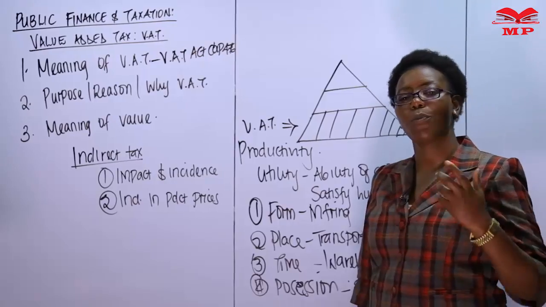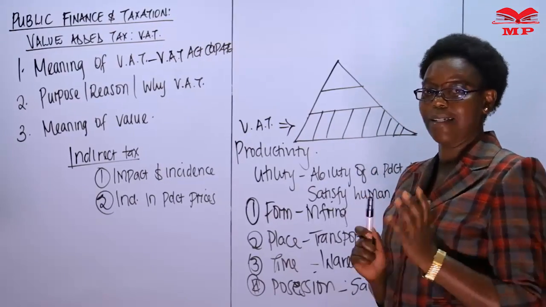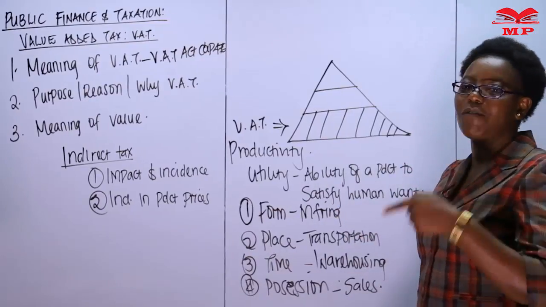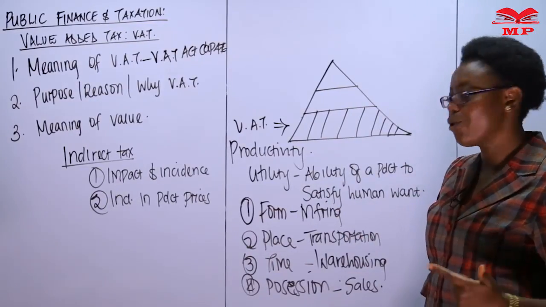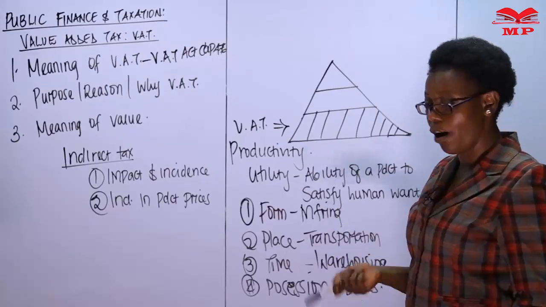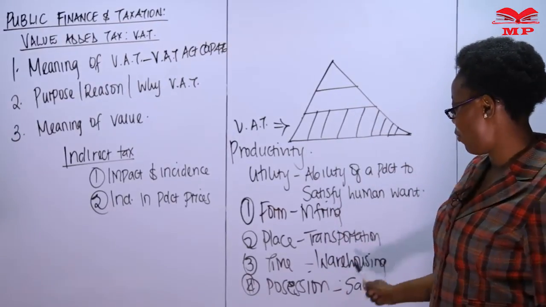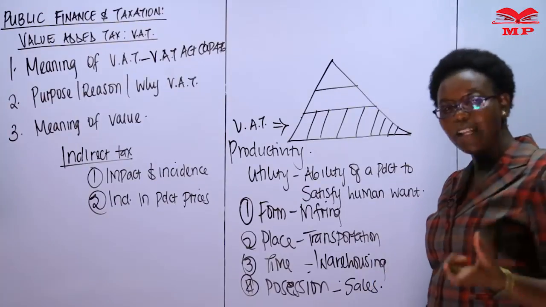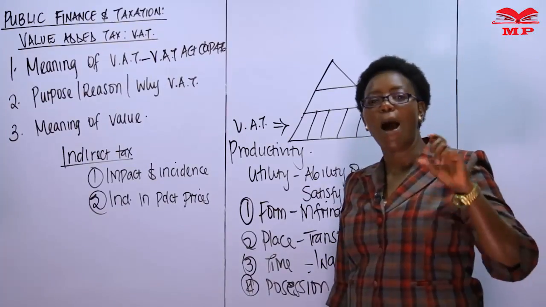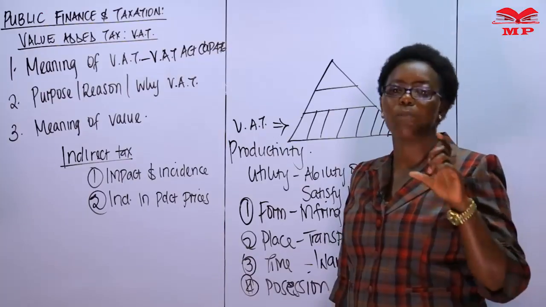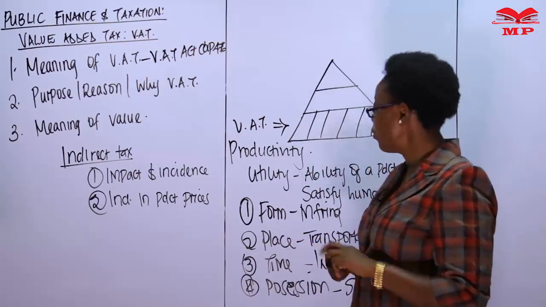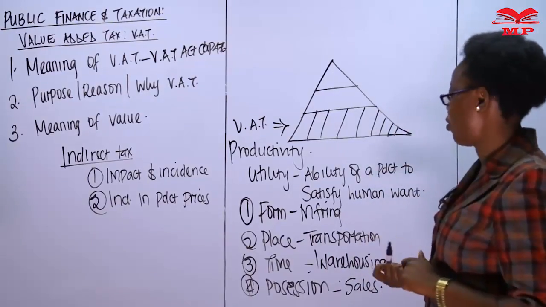So you pay a proportion of your wealth to the state, we call that taxation. So when you say value-added tax, you're saying out of the value that you've created through manufacturing or transportation or warehousing or through a sale transaction, a proportion of that will be what you pay as VAT to KRA.